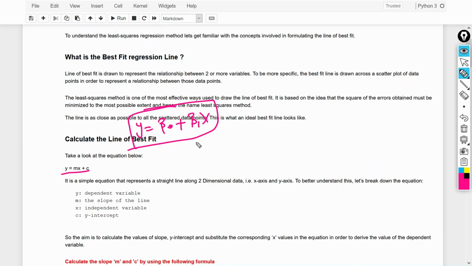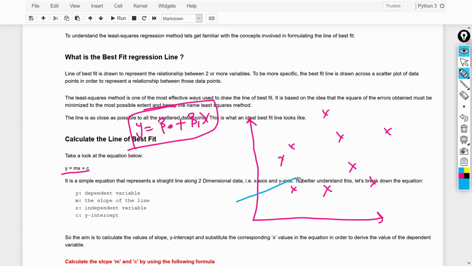So how can we get the best fit line? As I have explained in our linear regression video, this is the data set we have. So we can draw this particular line. How can we say this is the best fit line? For that we calculate the errors, right?